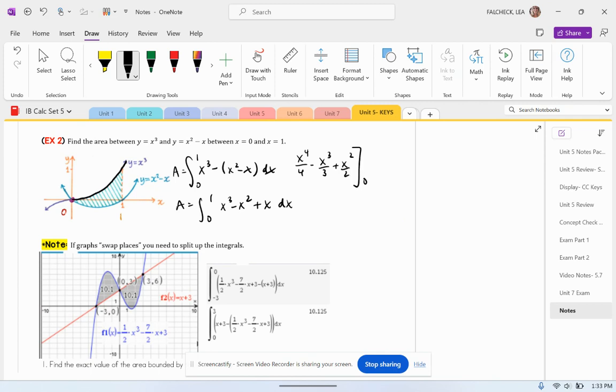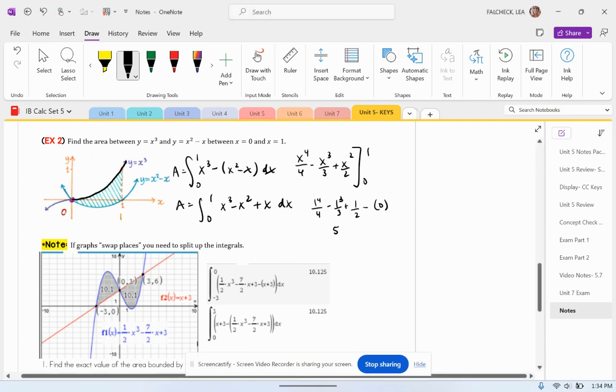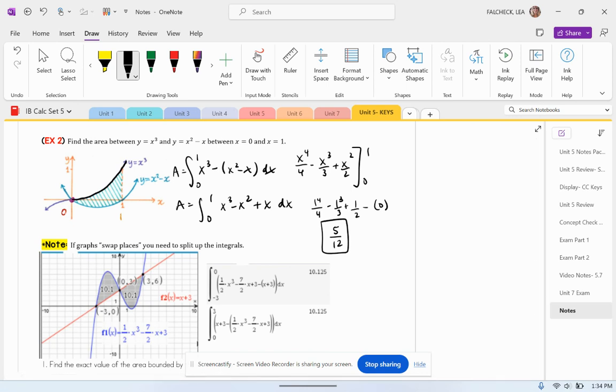We are integrating between 0 and 1, so we would end up getting 1 to the fourth over 4 minus 1 to the third over 3 plus 1 over 2 minus everything with the 0 would just be 0. So we would end up getting 5 over 12 as the area between those two curves, okay? Notice how you don't need absolute value. You don't need to mess around with that kind of stuff because the area between the two curves is just going to be top minus the bottom.